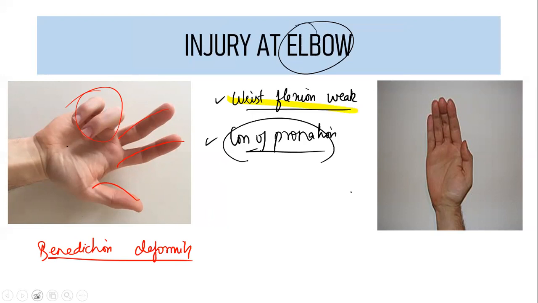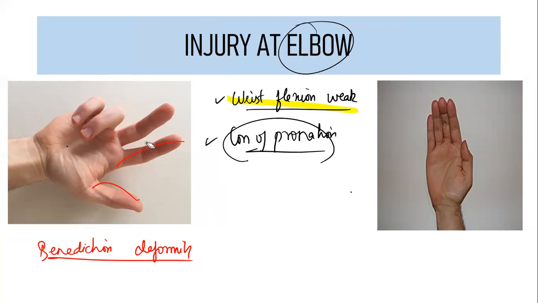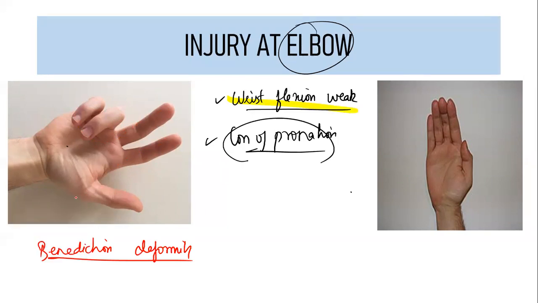When he tries to make a fist out of his hand, he observes that he is not able to flex the fingers at the thumb side, the index and the middle finger. This is called benediction deformity.